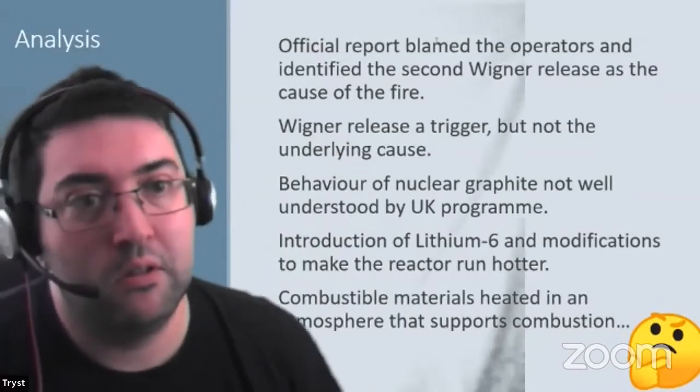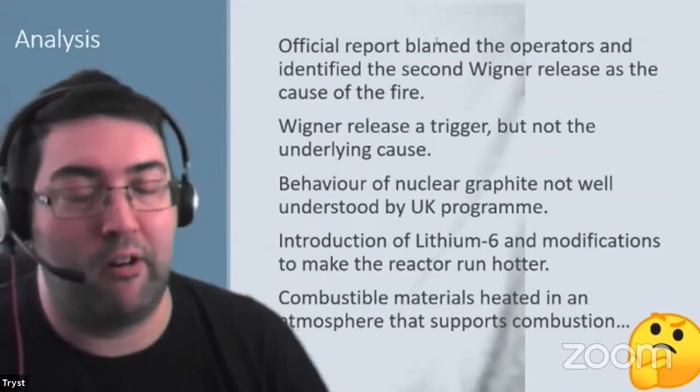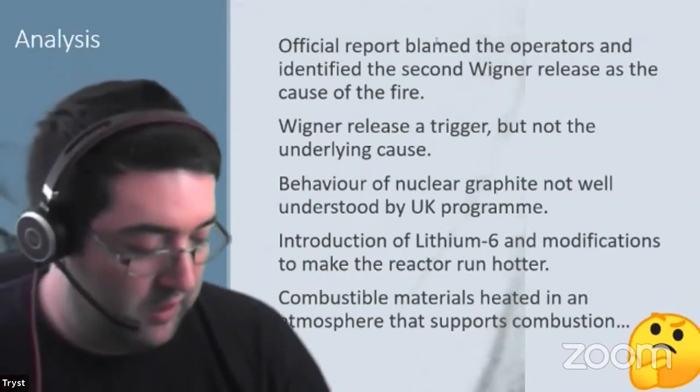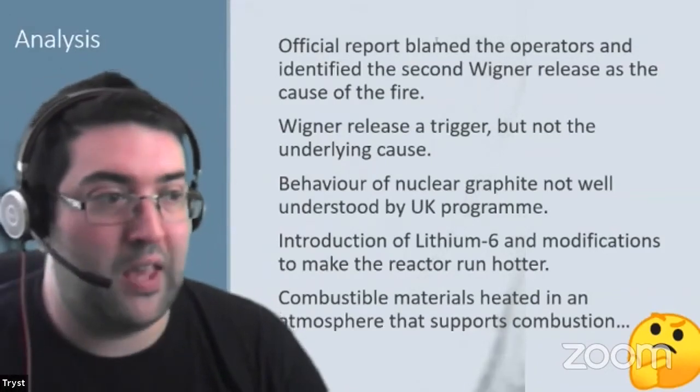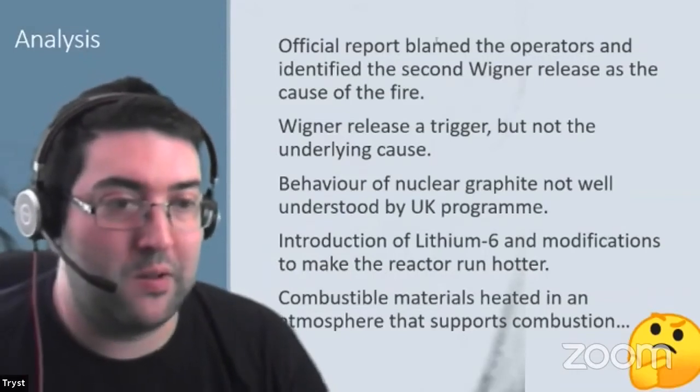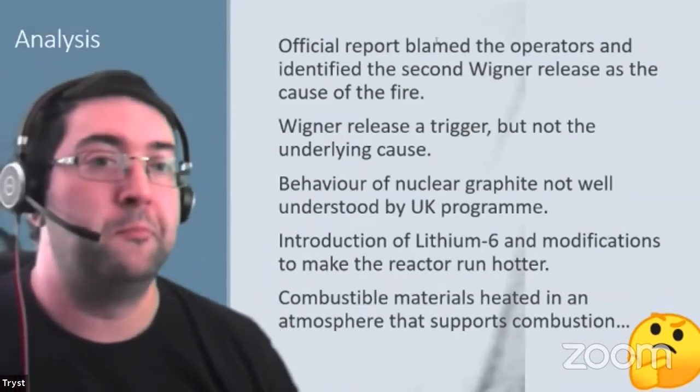At the time, the behavior of nuclear graphite wasn't well understood. The nuclear piles at Windscale were copies of the X-10 reactors that the Americans had been using to manufacture plutonium.